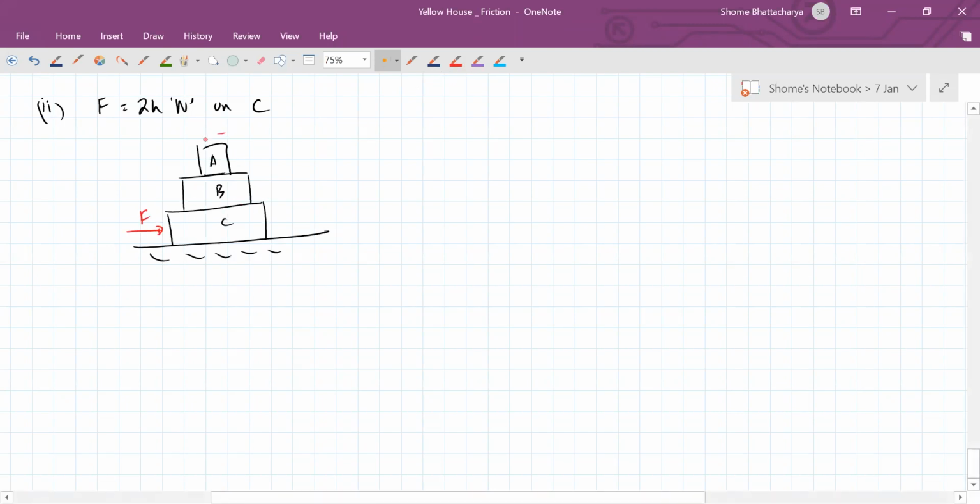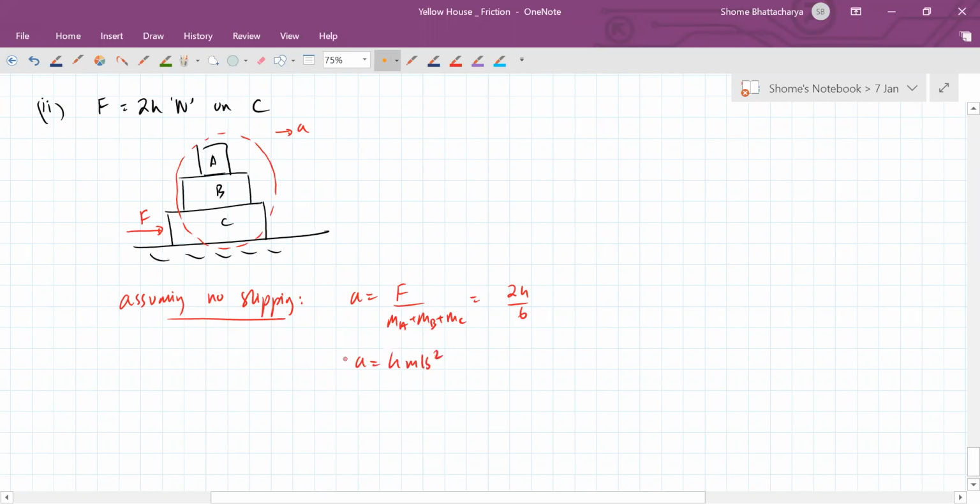so if we assume common acceleration, okay, assuming no slipping, we'll see that it is four meters per second square.